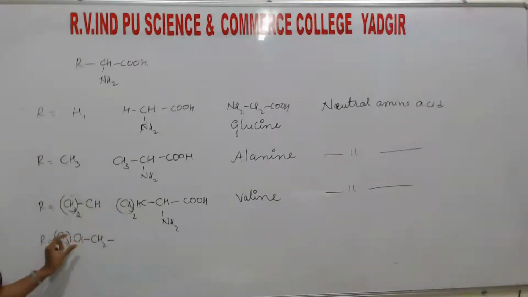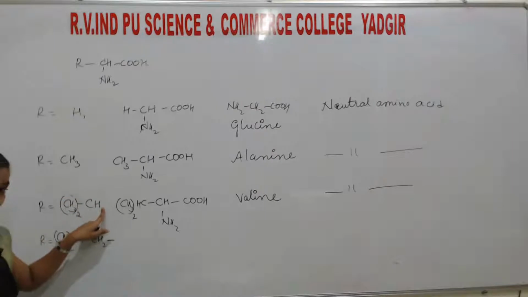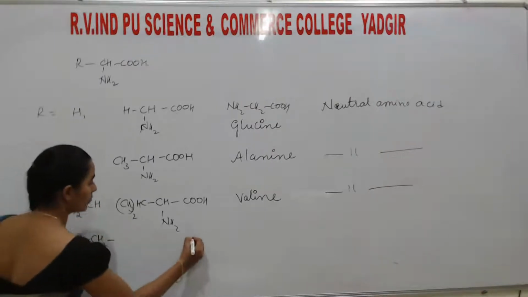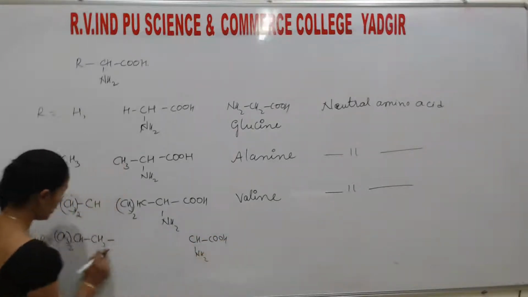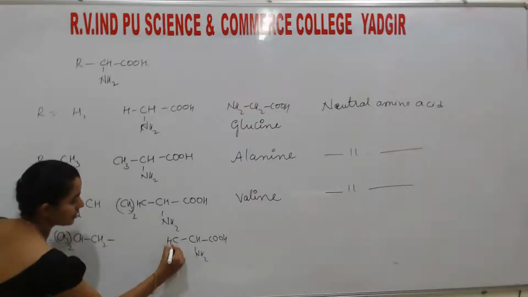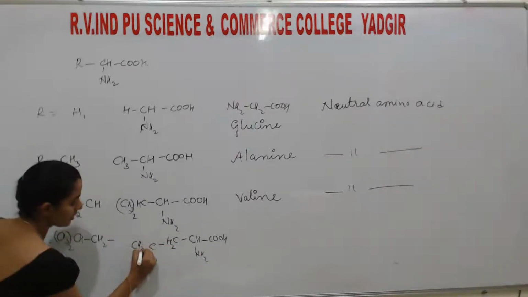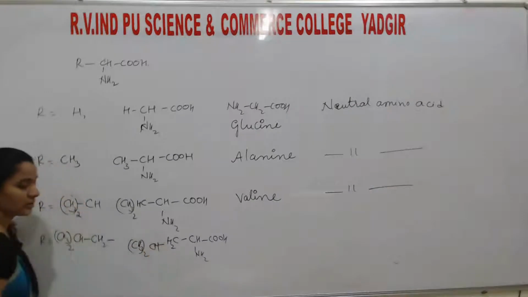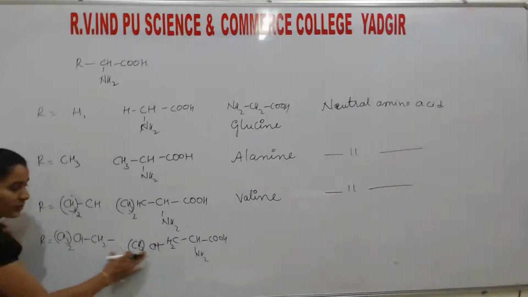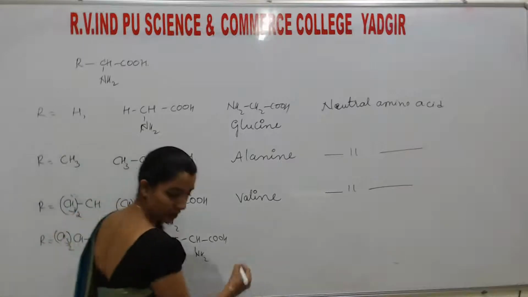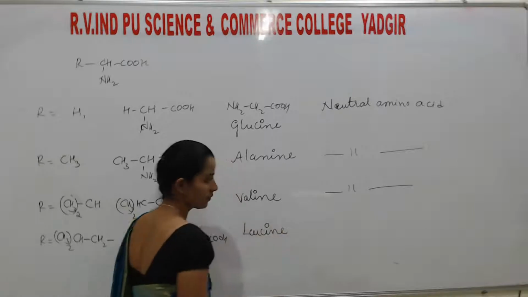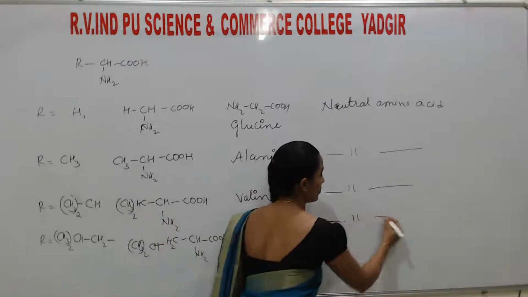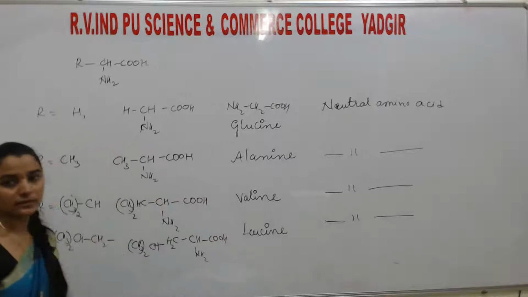So if this type of structure is there, then our structure becomes CH, COOH, NH2, and attached here is CH2, CH, CH3 twice. This is the structure. Understand? I am just replacing R. So this one is leucine. This is also a neutral amino acid.